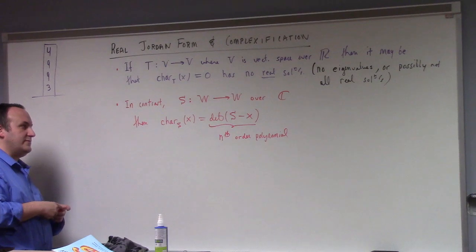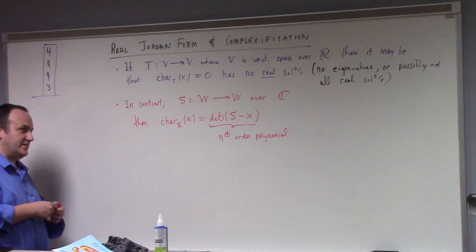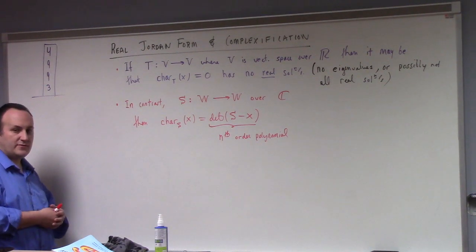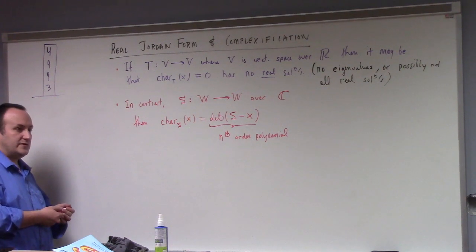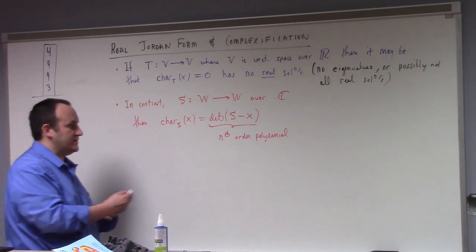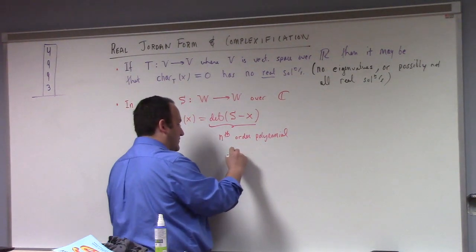And what do we know? The fundamental theorem of algebra tells us that if we look at an nth order polynomial equation over the complex numbers, we can solve it. There exist n complex solutions. Here I'm supposing that the dimension of W is n.